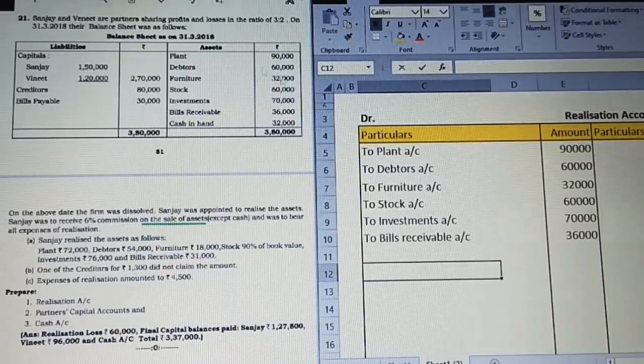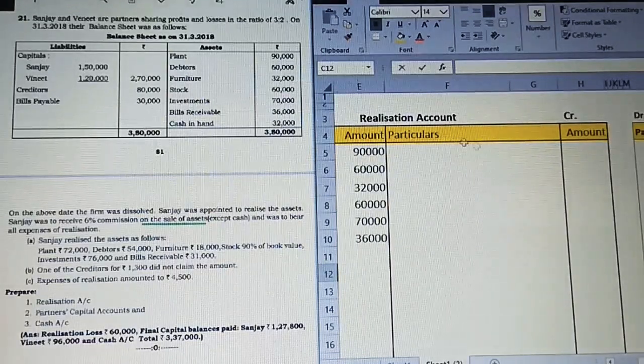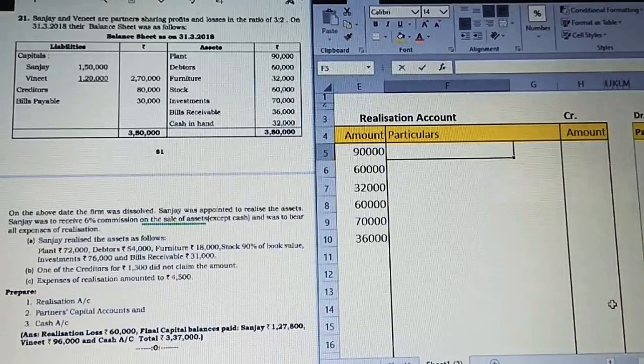Now let us move on to the liability side. We have the outsiders to look into. Only two items, that is creditors and bills payable, are given. So I'm going to post them in the opposite direction, on the credit side.